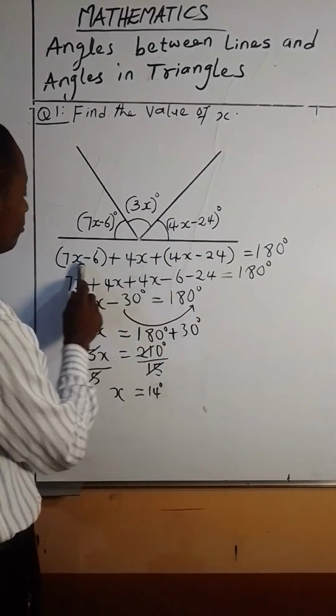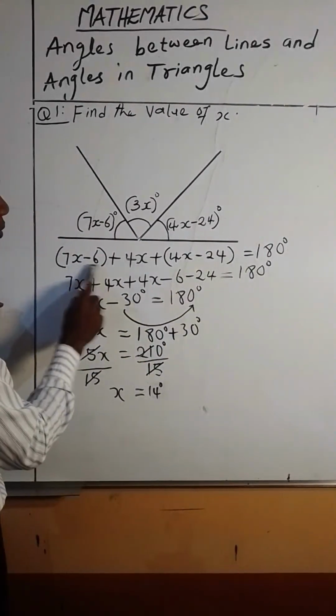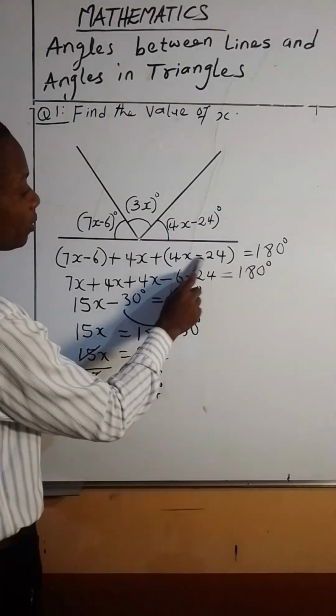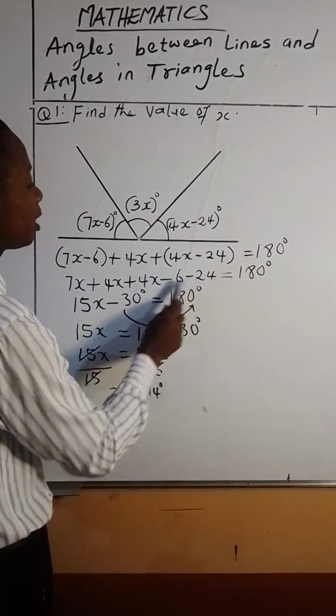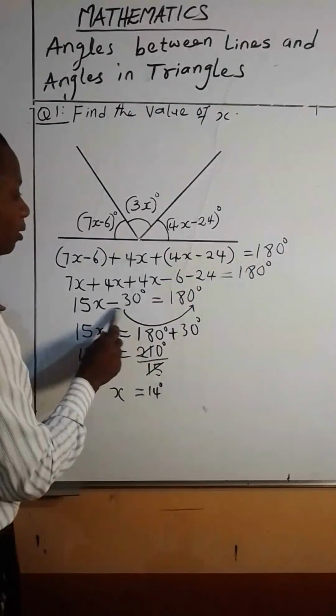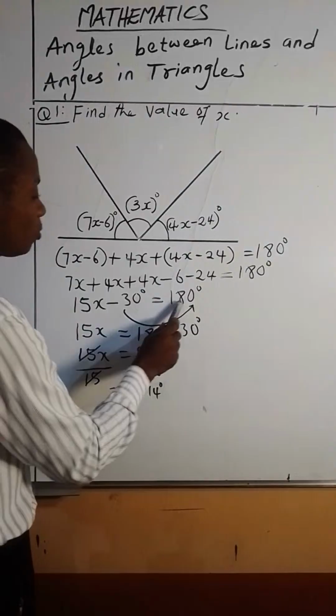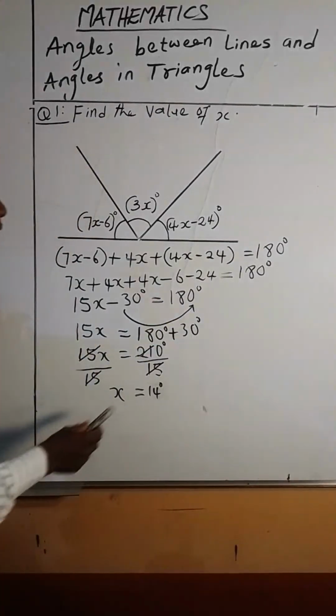Then minus 6 brought down here, then minus 24 brought down here. So when both of them are brought down, it gives us minus 30, equals 180 degrees.